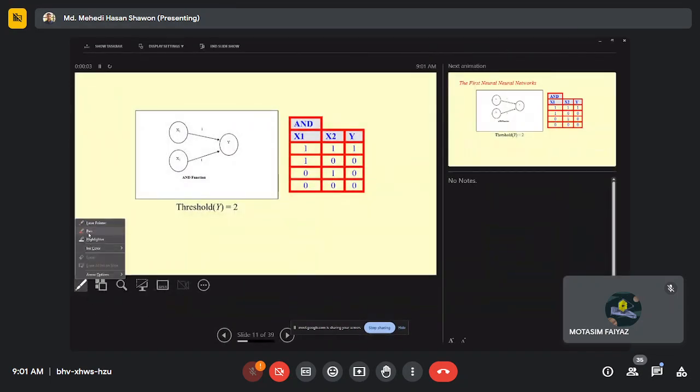We can do that because if we draw this line with x and y, right?